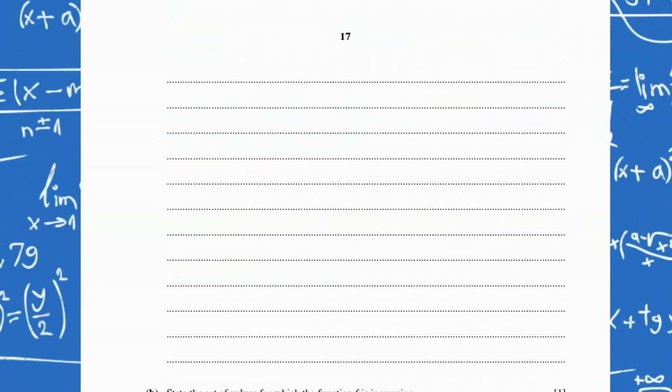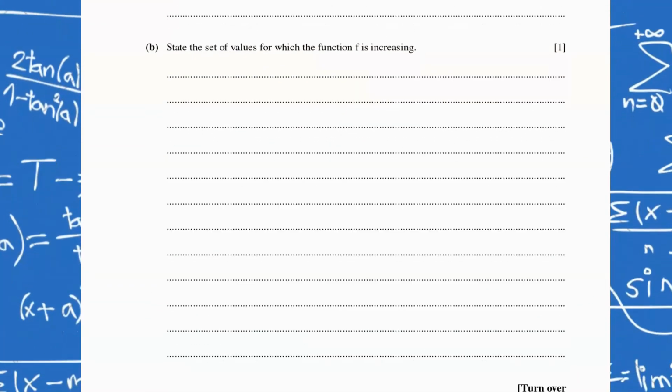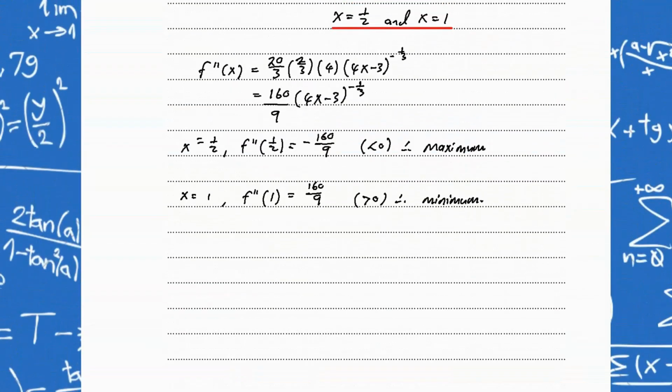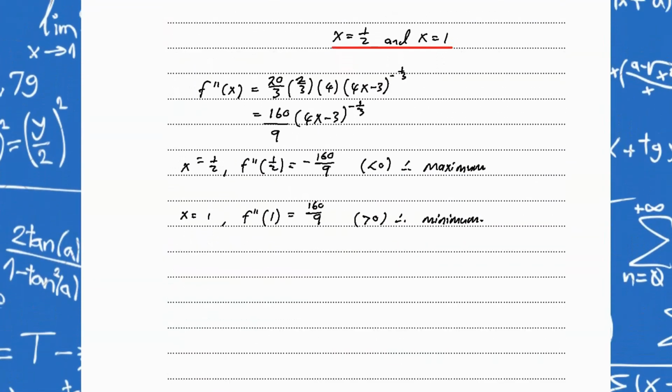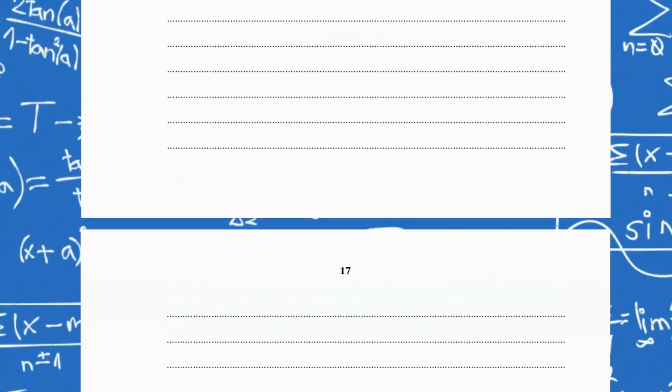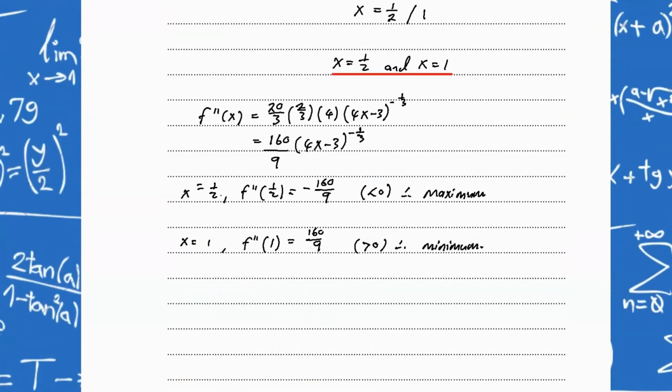Let's move on to part B, where they say state the set of values for which the function is increasing. All right, so we have two turning points, one at x equals a half and one at x equals 1. We have obtained that the one at x equal to a half is a maximum.